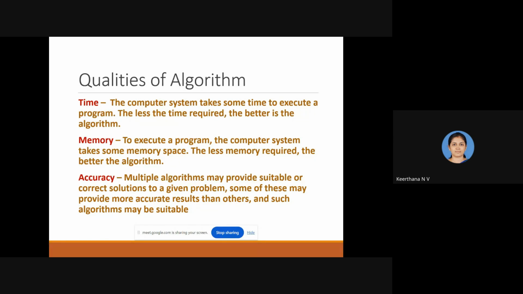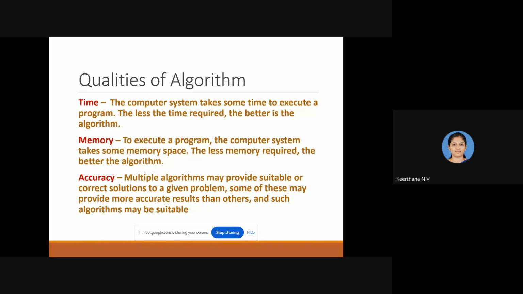The second thing is memory. If you are coining an algorithm, you will write it in a Word document or a document writer only. So it will not occupy special memory space in your system. It will occupy only less memory space in your system.